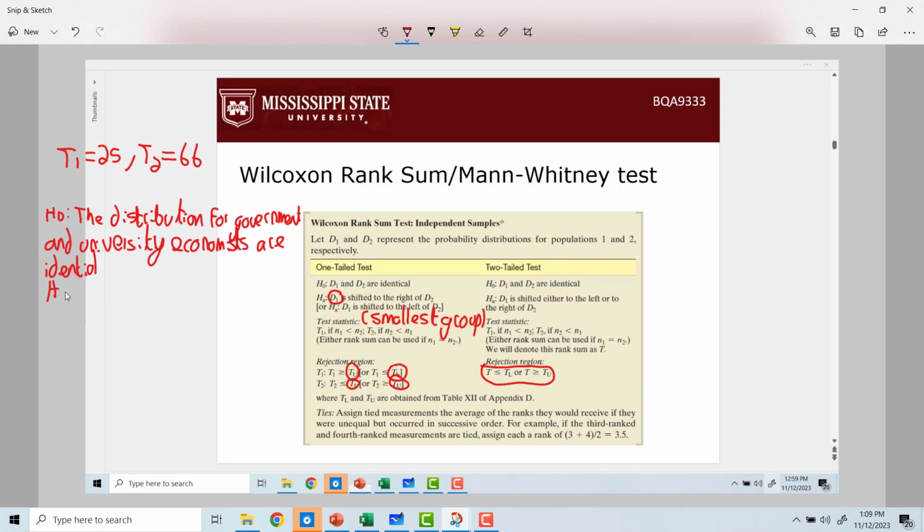And then HA, let's just do two-tailed distribution.